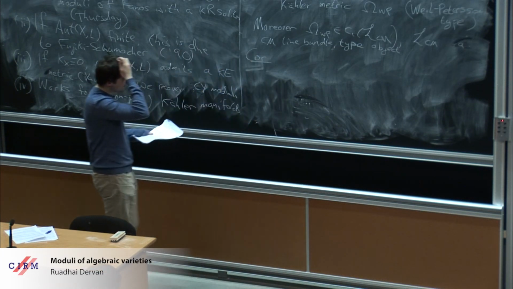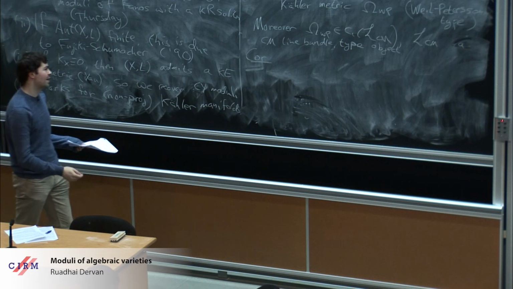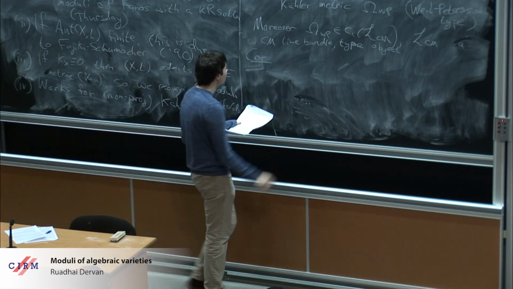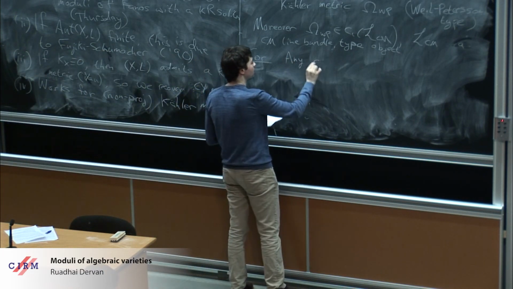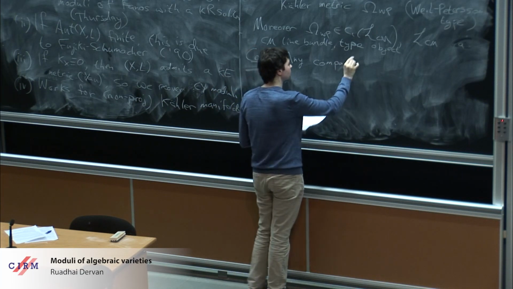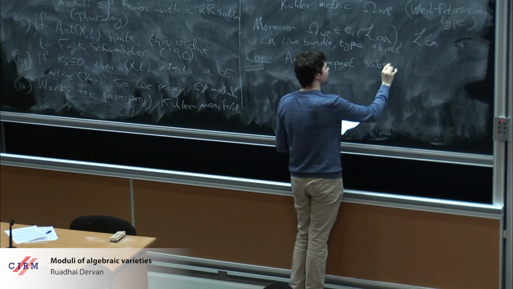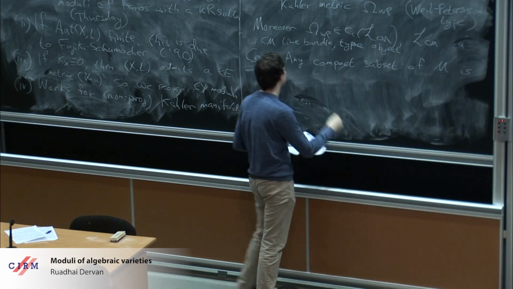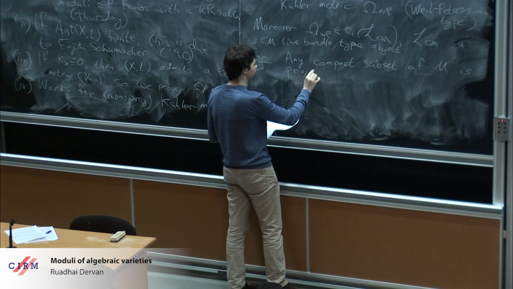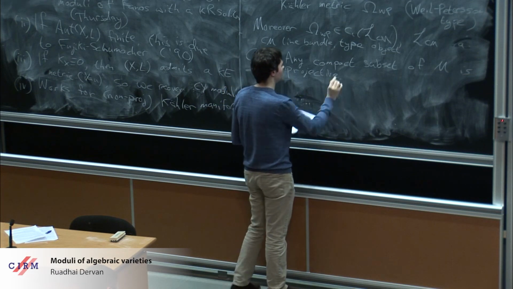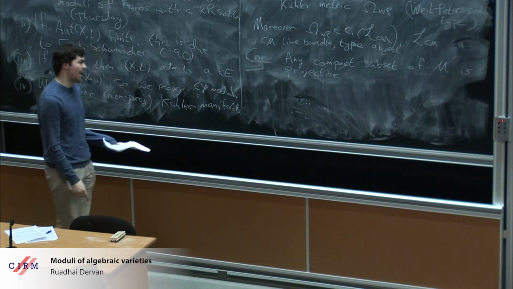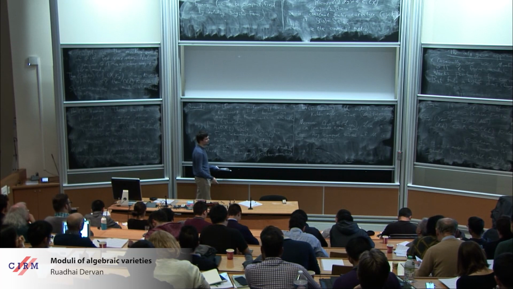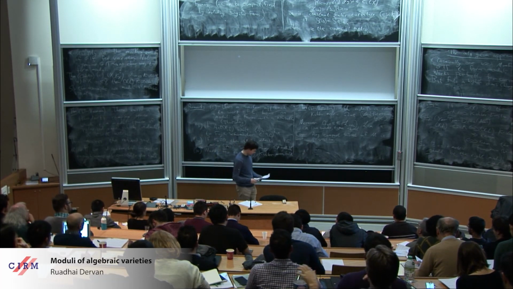A corollary, which seems to follow from some work of Shamar and also Grauert, is that any compact subset of M is actually projective. The hard ingredient there is Grauert's analog of the Kodaira embedding theorem for complex spaces.